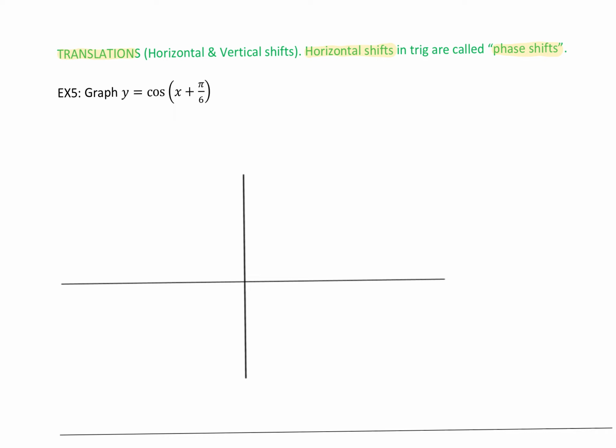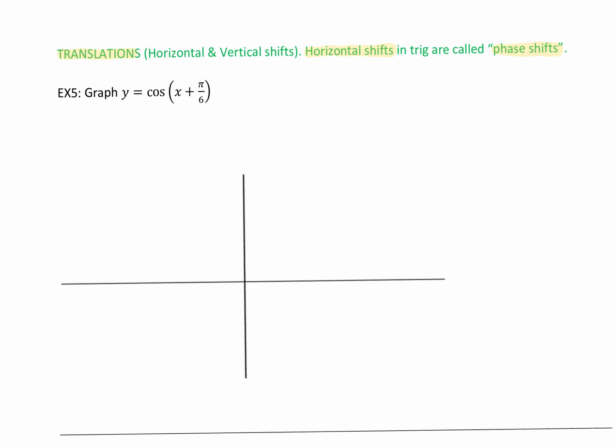In example 5, we're going to graph y equal to the cosine of, in parentheses, x plus pi over 6. So notice that x plus pi over 6, that plus pi over 6 is going to be our shift.